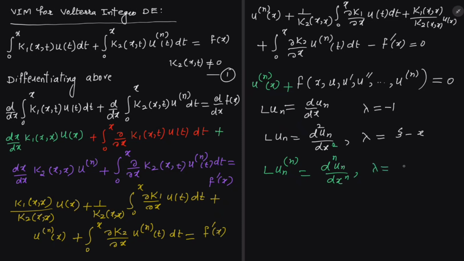Then lambda will be (-1)^n times 1 over (n minus 1) factorial times (t minus x)^(n minus 1). Remember that here we are working with t. Previously we were working with xi, so that's why we had xi over there.